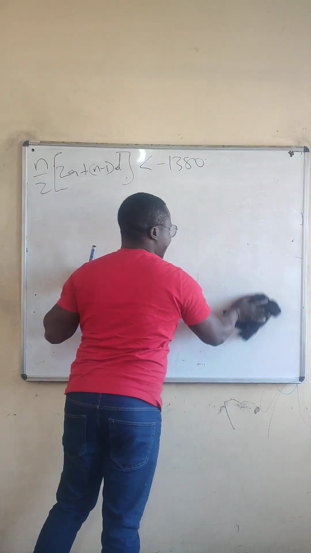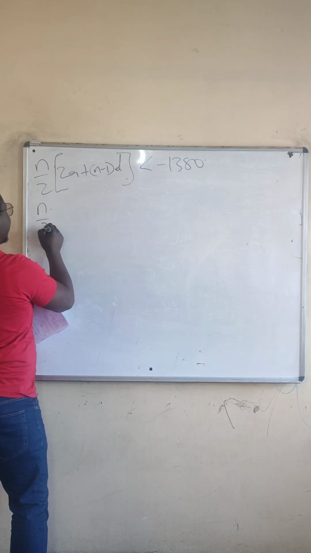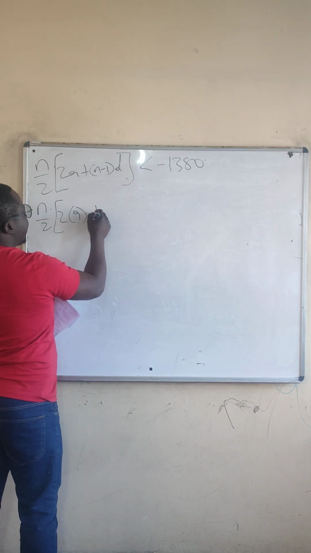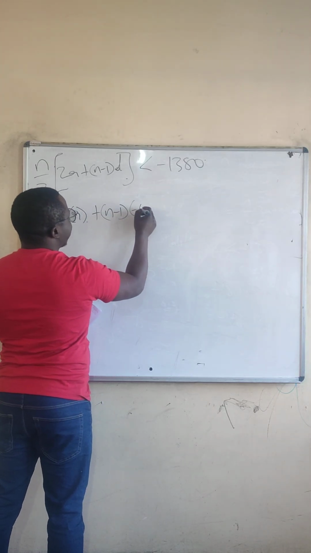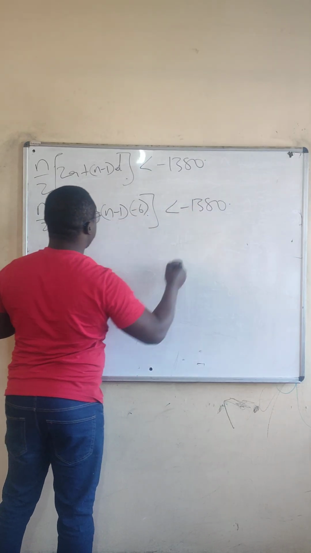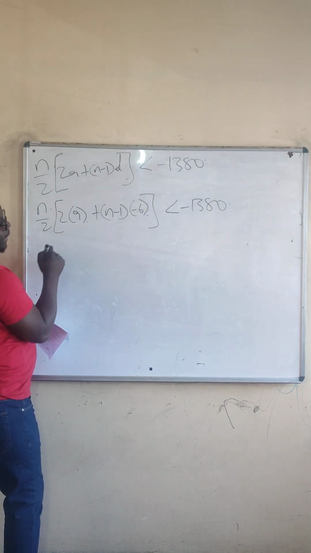Next step of substitution is going to give us n over 2 times 2 times 9, our a, plus n minus 1 times -6, our d, less than negative 1380. So step number 1 of solving, cross multiply. 2 multiplies that.